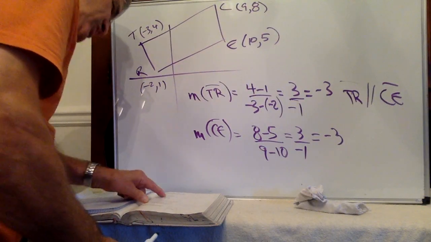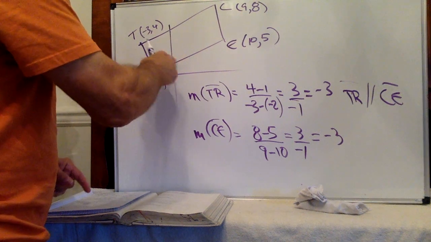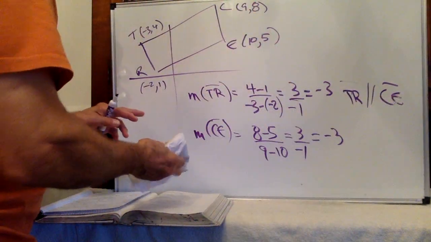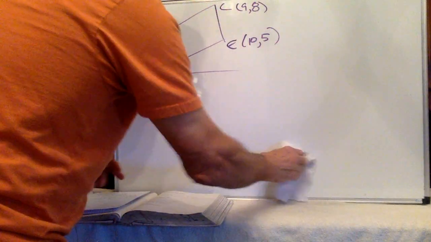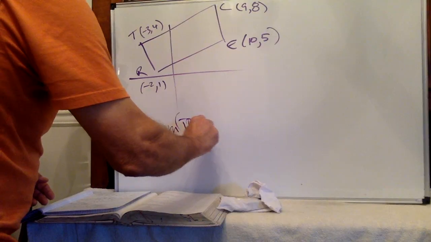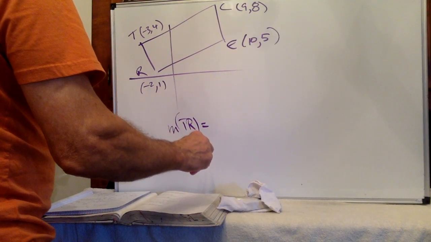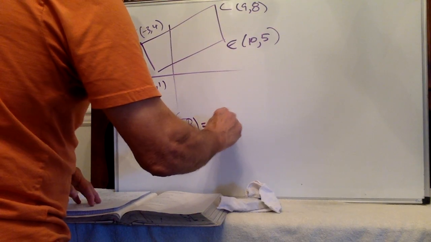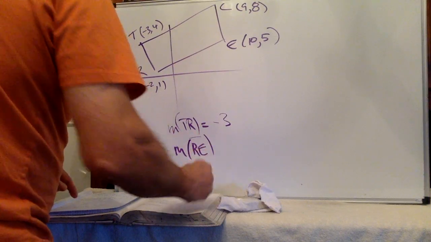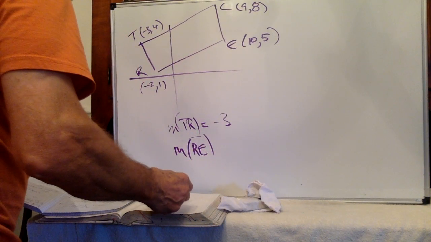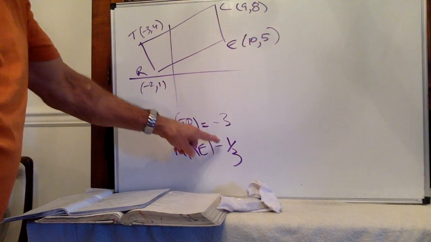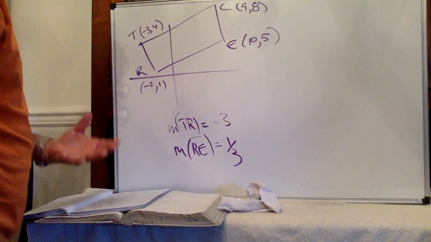And part C said show that angle R, this angle R, is a right angle. Hopefully it's on your paper, but we said that the slope of TR was negative 3, and the slope of RE in part A was 1/3. 1/3 and negative 3 are negative reciprocals.